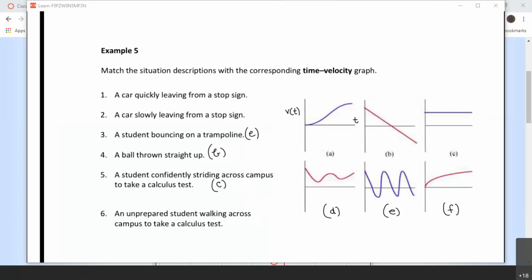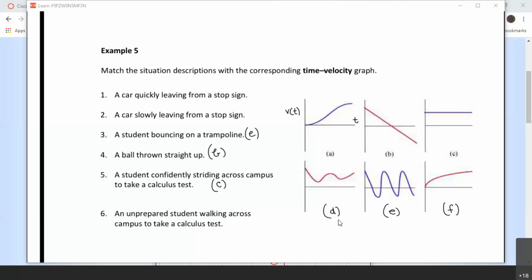What other ones did we get? Somebody said we had B, C, E. Somebody said D. D is kind of our unprepared student. Maybe our unprepared student has a positive velocity, but then decides, I'm going back. Well, maybe I should stop and think about this. All right, I'll go to class, but maybe I'm stopping over here and I'm going back. So this is the changing my mind and turning around.